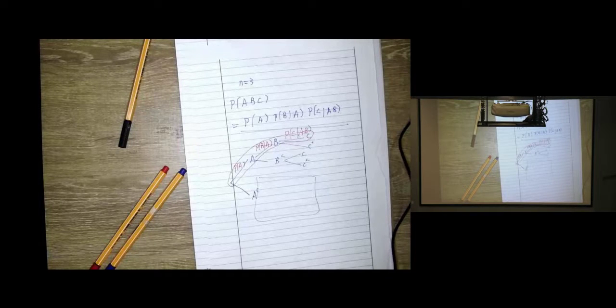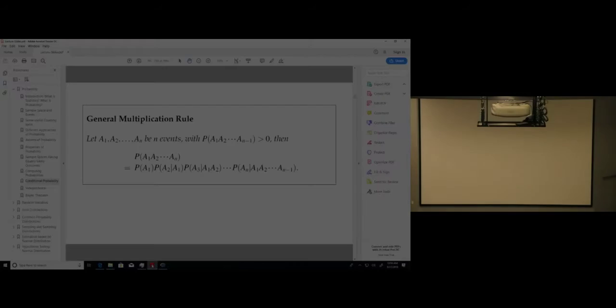The one that is in your lecture notes or in the slide here is just a general statement for more than n events. So the idea of doing this is you handle one event at a time, but you just can't ignore the conditioning part, okay?